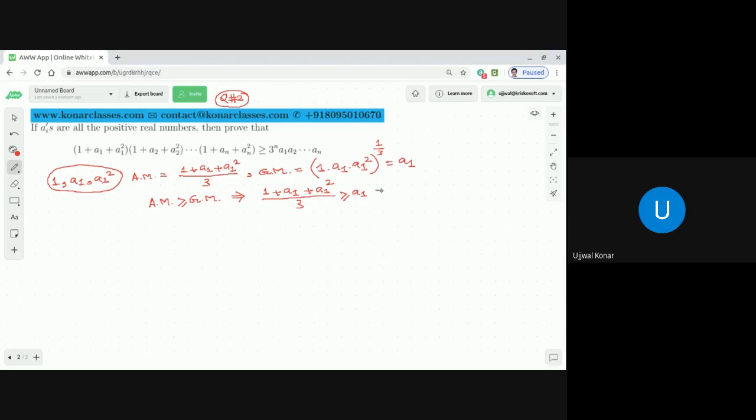That implies, in the next line, 1 + a1 + a1² is greater than or equal to 3 into a1. Correct or not, dear students? Yes.